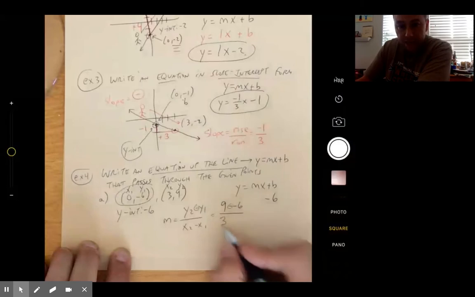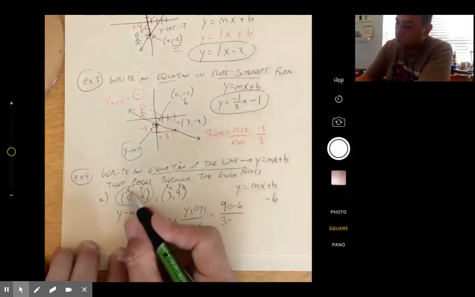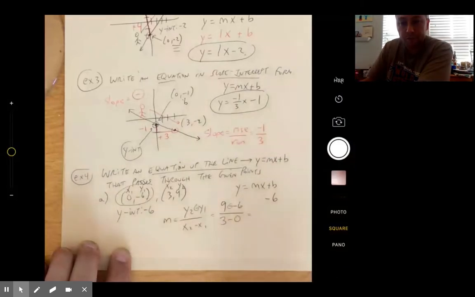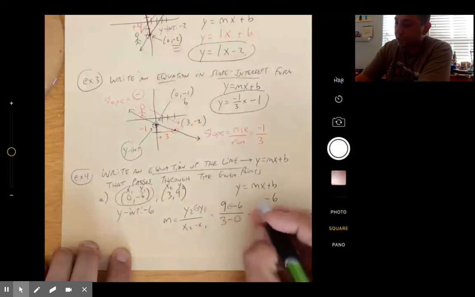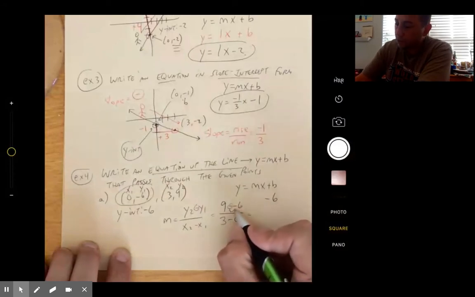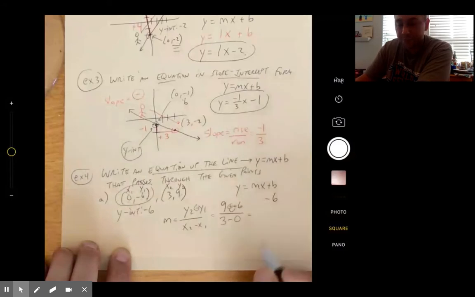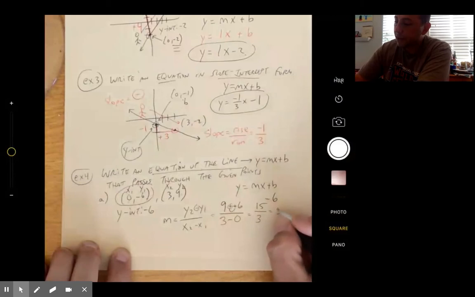X2 is 3 minus x1, which is 0. When you have two negatives next to each other, the middle school thing was you make them into a positive. You make a little smiley face, there's the eyes and the mouth. 9 plus 6 makes 15, and 3 minus 0 makes 3. When I simplify that, I get a slope number of 5.